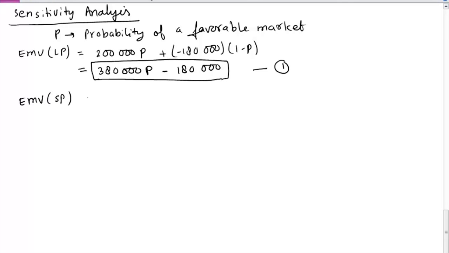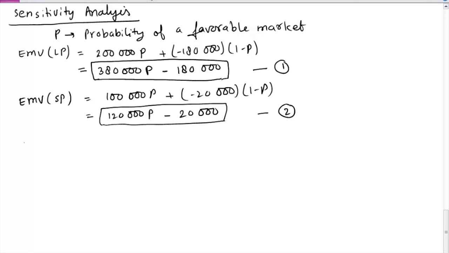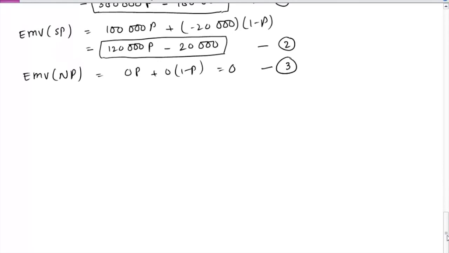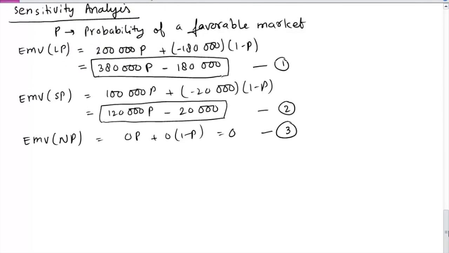For small plant same thing, and third one no plant, because payoff is 0 times P plus 0 times 1 minus P, and this is our equation 3.